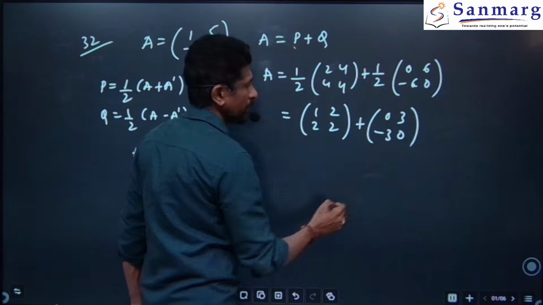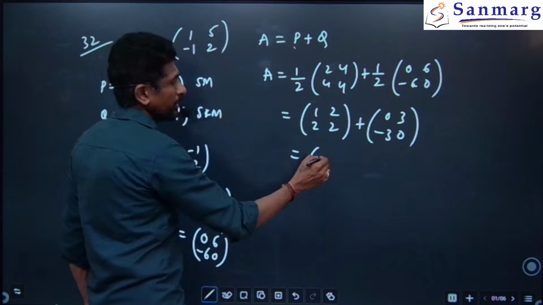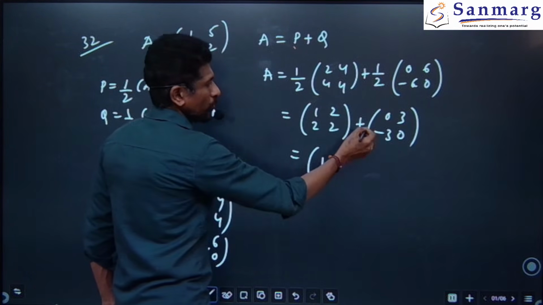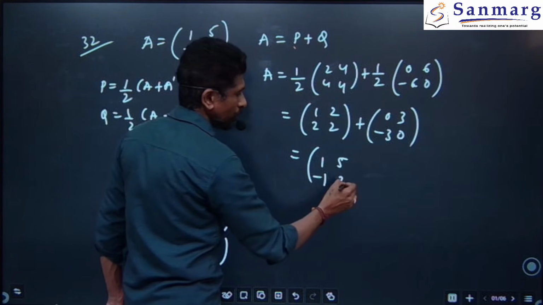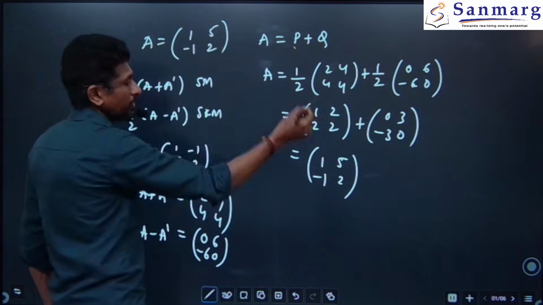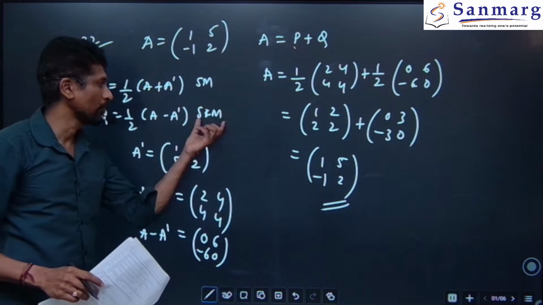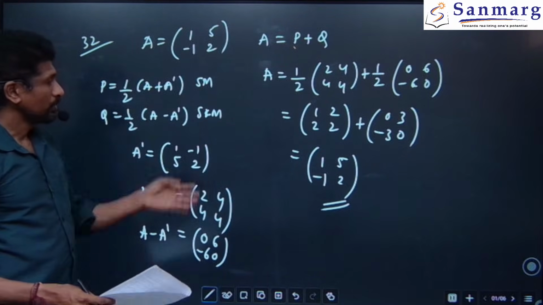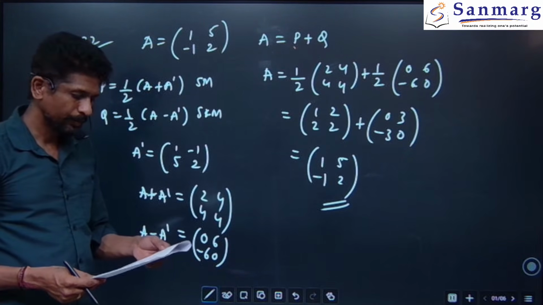Now adding these two matrices, 1 2 plus 3 is 5, next 2 minus 3 is minus 1, 2 plus 0 is 2. Again the A matrix we obtain. So this way the sum of the symmetric and skew symmetric matrix is equal to the same A matrix itself. For this one you will get 3 marks.